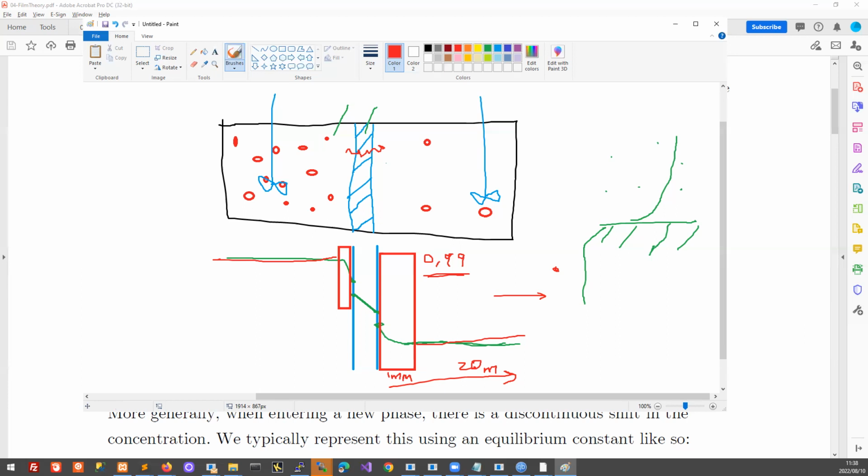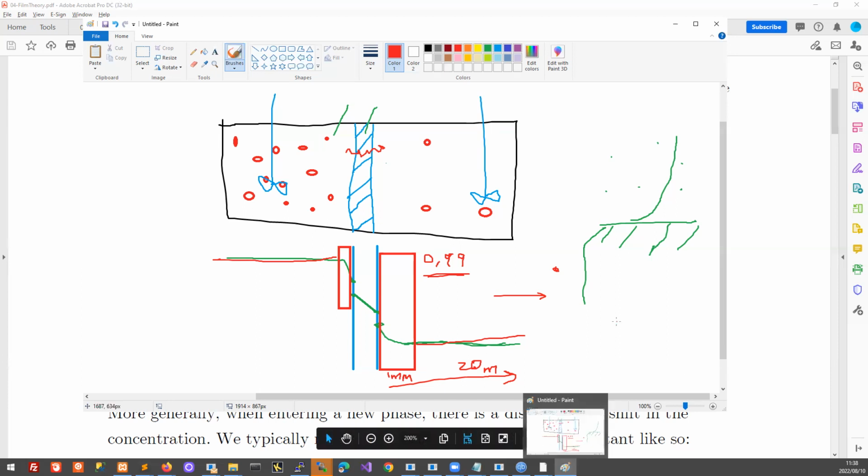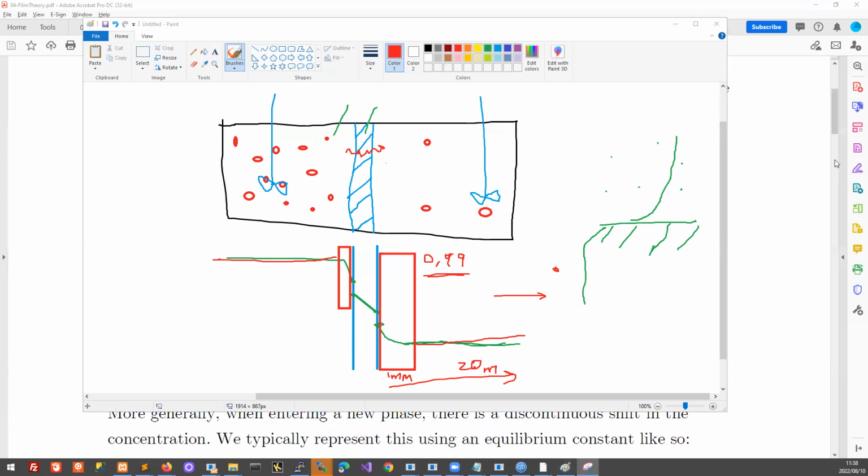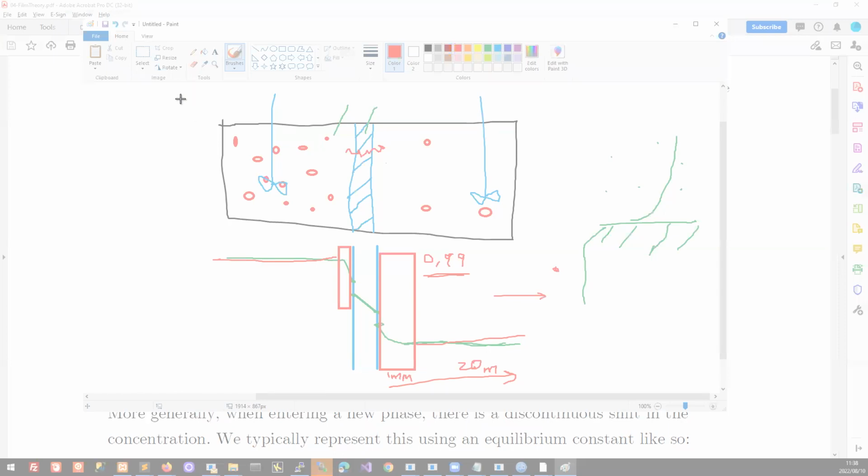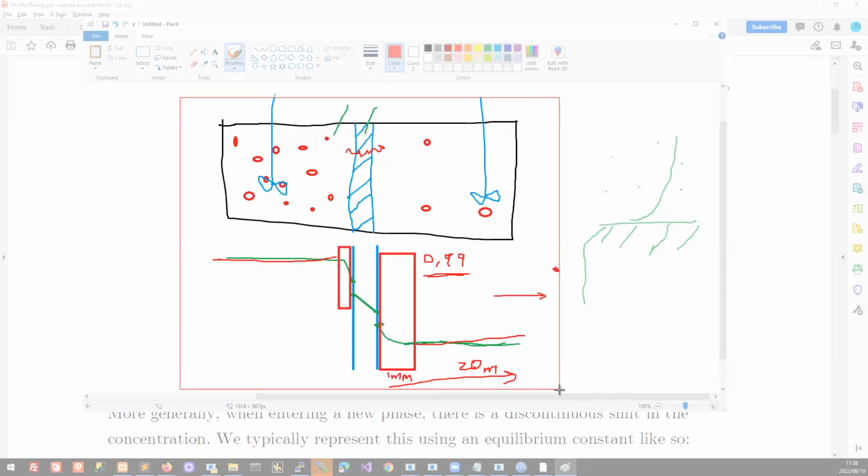Sorry, sir, could you please explain what film theory is again? Okay, maybe the way to do it is to use some symbols and write out what we said. Let's just copy this through.